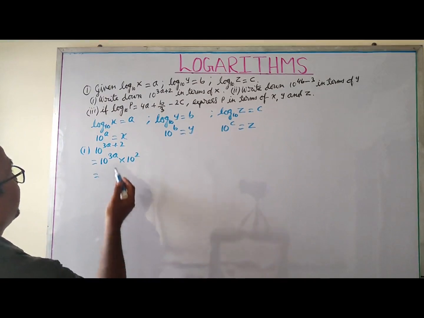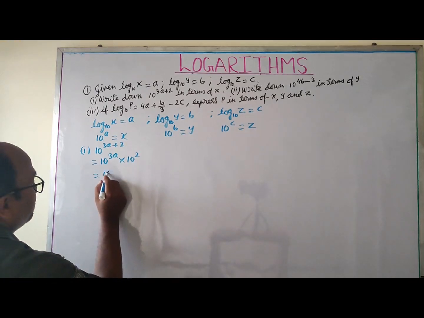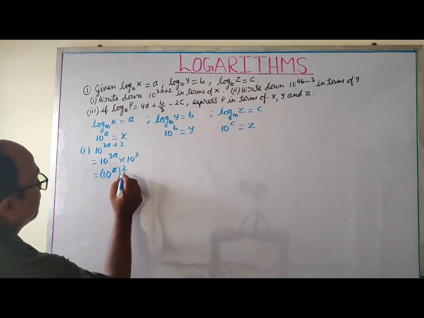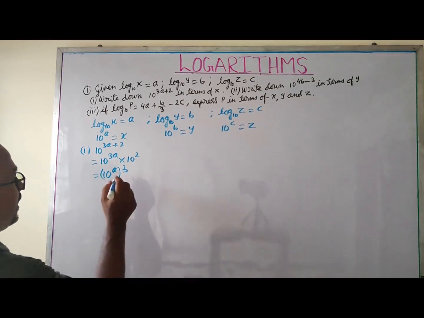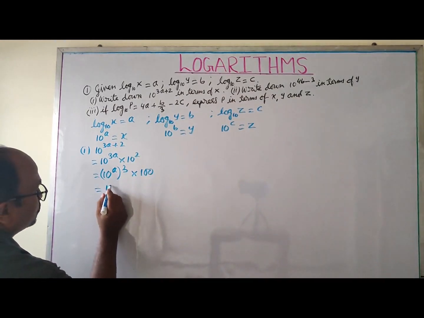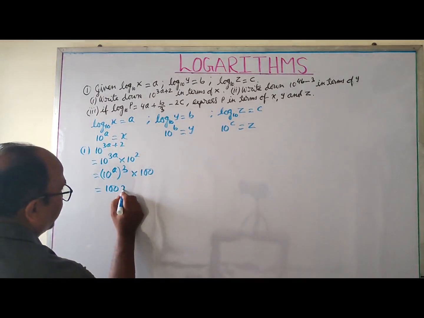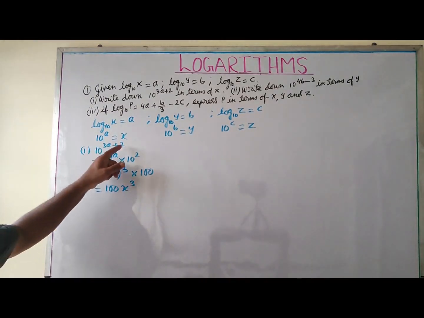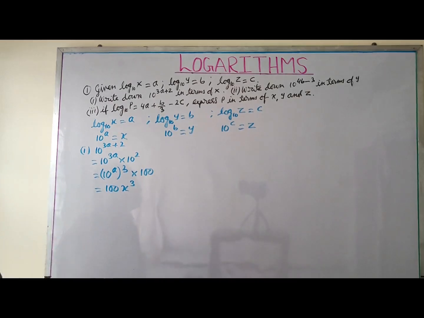Now 10 to the power 3a, I know the value of 10 to the power a. Because the powers are multiplied, I can write it as 10 to the power a, to the power 3, and 10 squared can be written as 100. 10 to the power a value is x, so I write x, and this power 3. So 10 to the power 3a plus 2 is the same as 100x cubed.